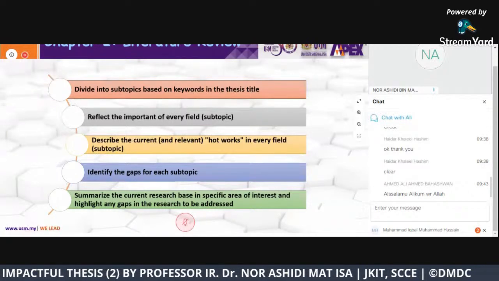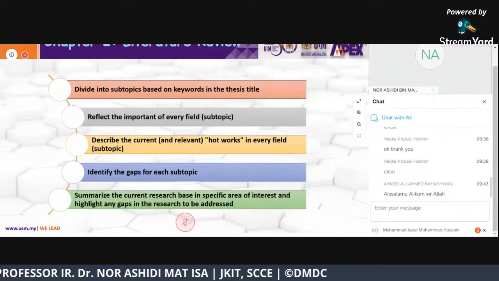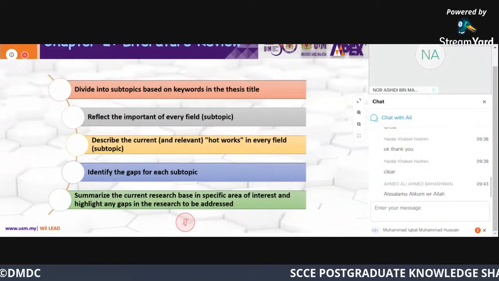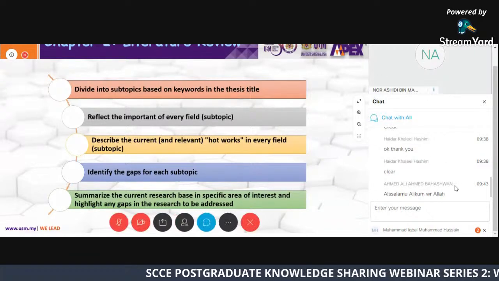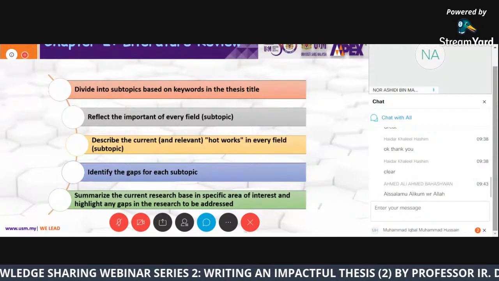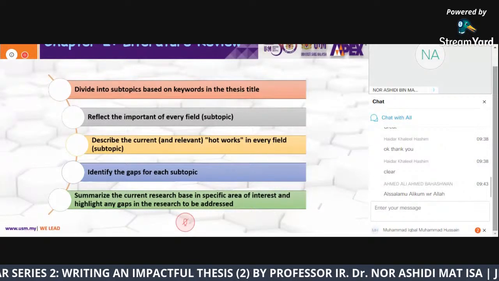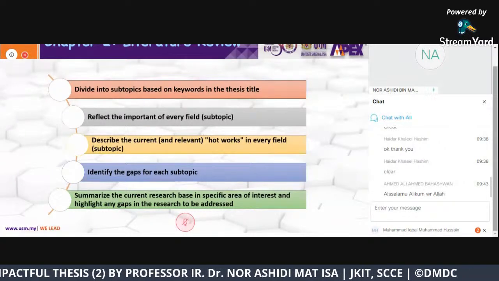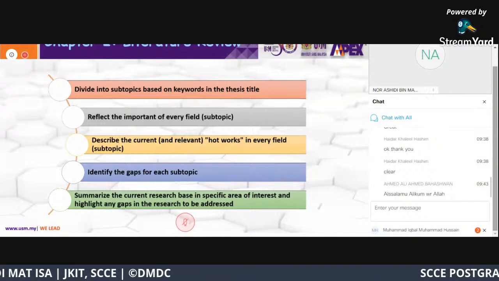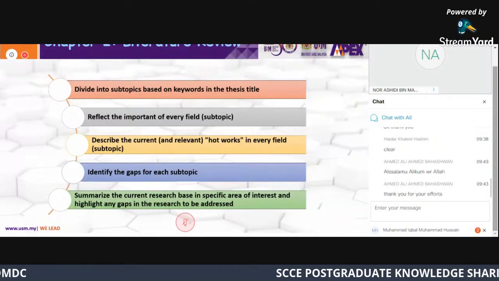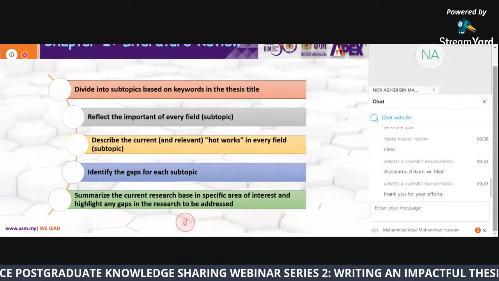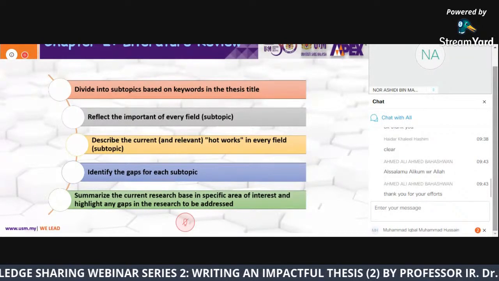That is the importance of the thesis title: it must give the overall picture of the whole thesis. There must be several keywords so that when the examiner reads the title, he knows the topics to be covered by your research.